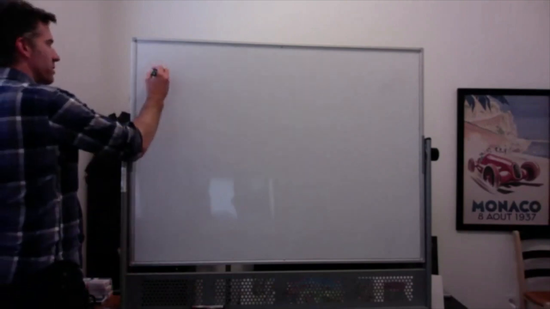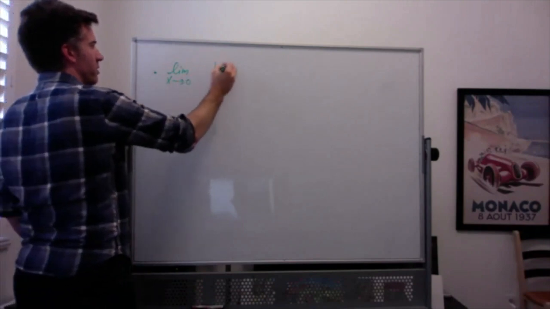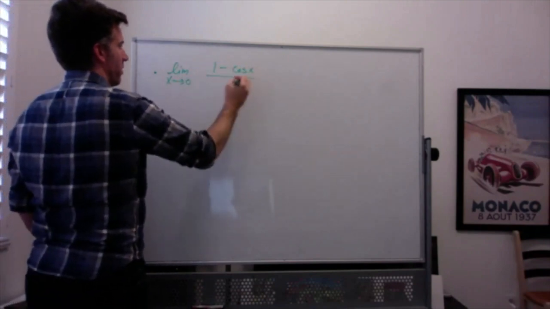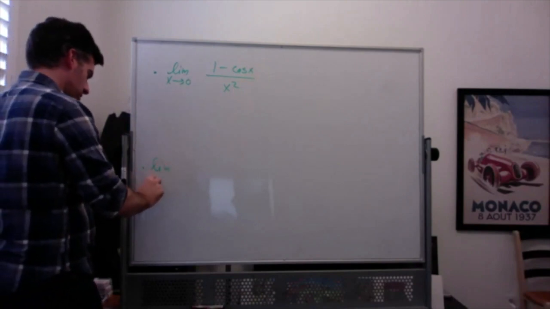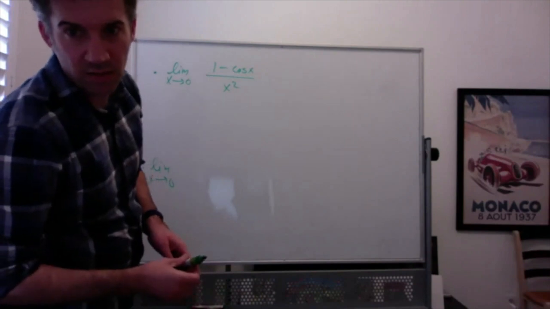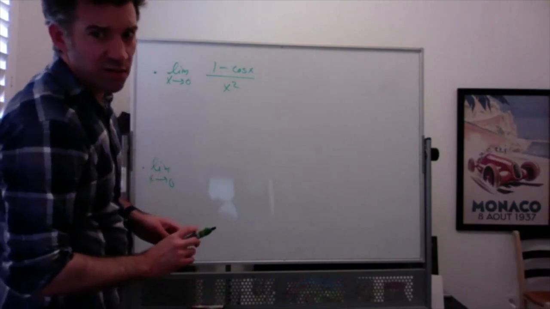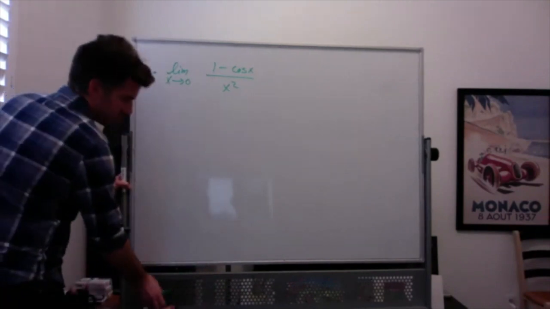We can do either one of these. We can look at either, as x goes to 0, 1 minus cosine x over x squared, or the limit as x goes to 0. Is that what I really want? Yeah, I guess so. Yeah, that's what I want. I've decided.